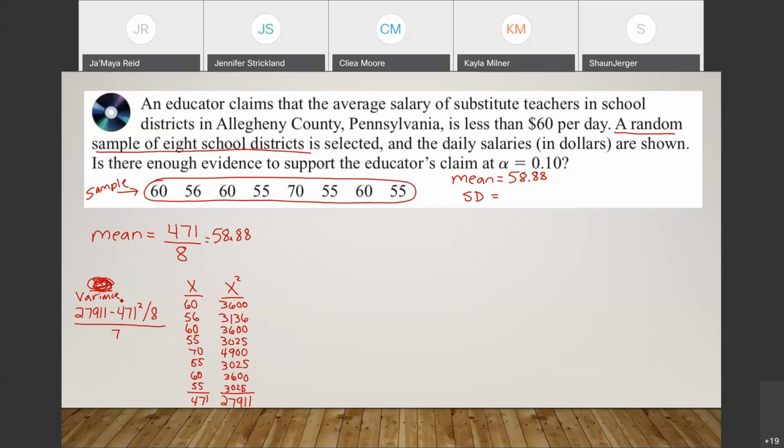Okay, so let me do that real quick for you. So that gives me 25.84. And then remember your standard deviation, you have to take the square root of that. So we get 5.08.